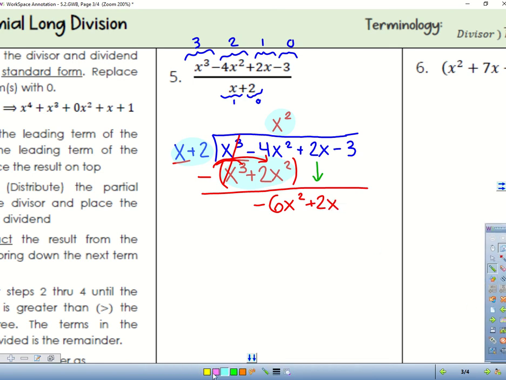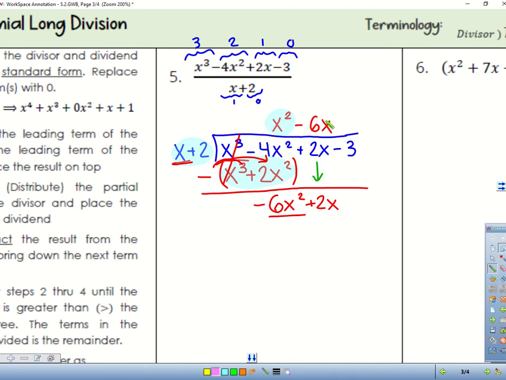Now, what can I multiply x by to get me to negative 6x squared? Can I multiply this by negative 6x? See how they're always going to line up, and it's just going to start going down in power.